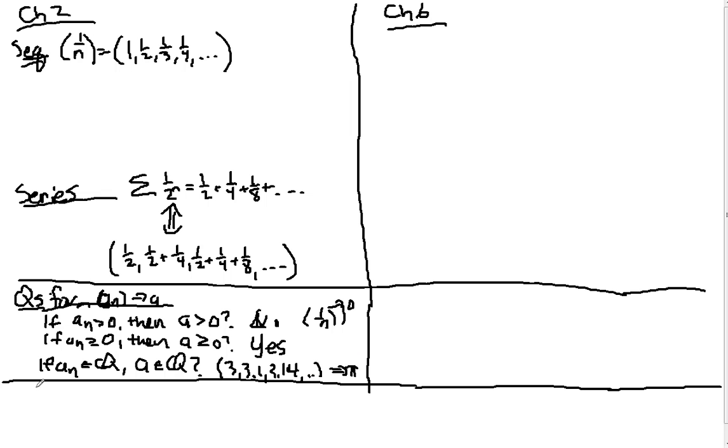So we can ask these questions: if you know something about the terms of the sequence, what do you know about the limit? Now, Chapter 6, moving on, we're going to look at sequences again, but now we're not going to look at sequences of numbers. We're going to look at sequences of functions.